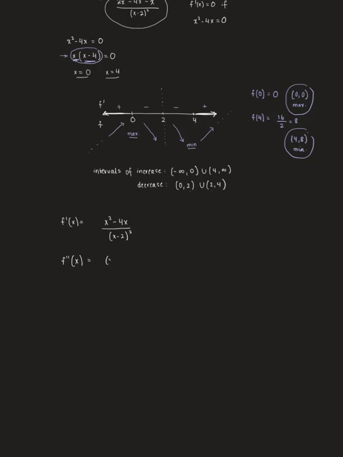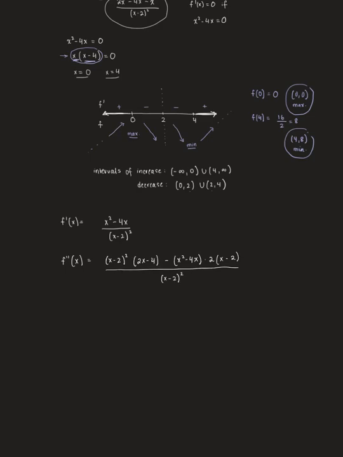So low is x minus 2 squared times the derivative of the numerator, which is 2x minus 4, minus the numerator times the derivative of the denominator, for which we have to use the chain rule here. So that's 2 times x minus 2 to the first power, and the derivative of the inside is 1, all over x minus 2 squared.